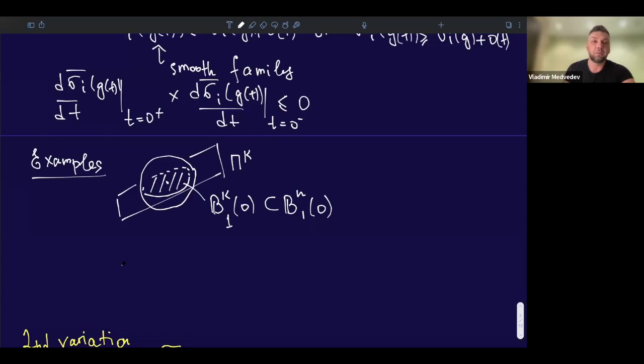Another example is also very simple. Everybody knows that a catenoid is a minimal surface in E3, the three-dimensional Euclidean space. Then it turns out that you can rescale your catenoid in order to get a unique catenoid which is orthogonal to the boundary sphere.